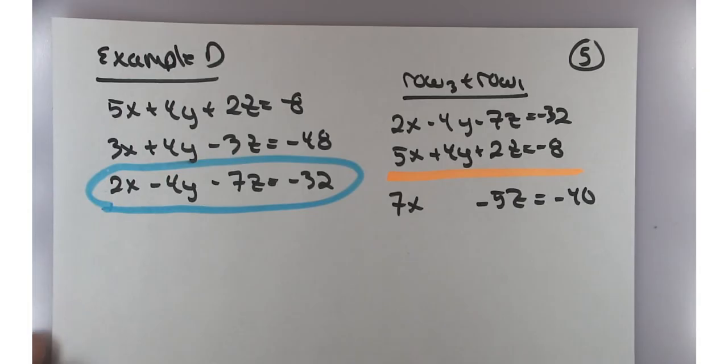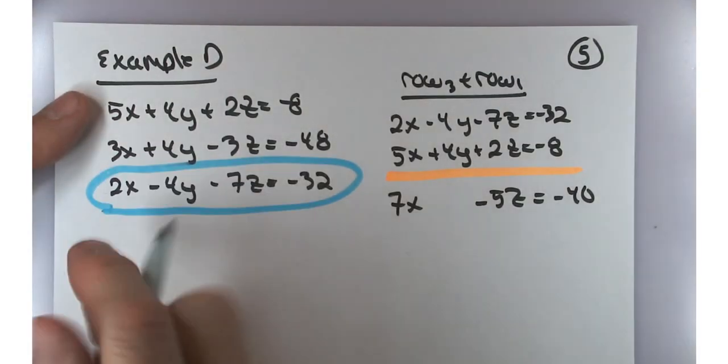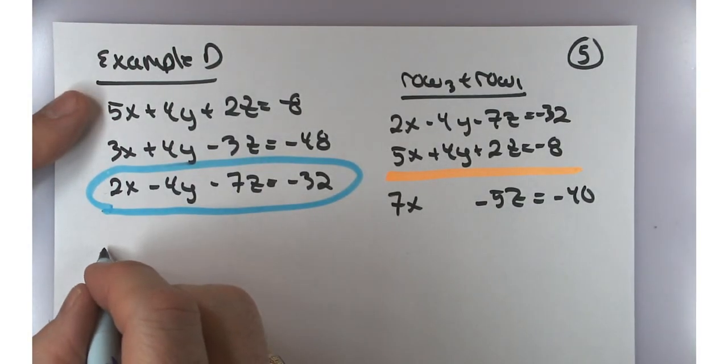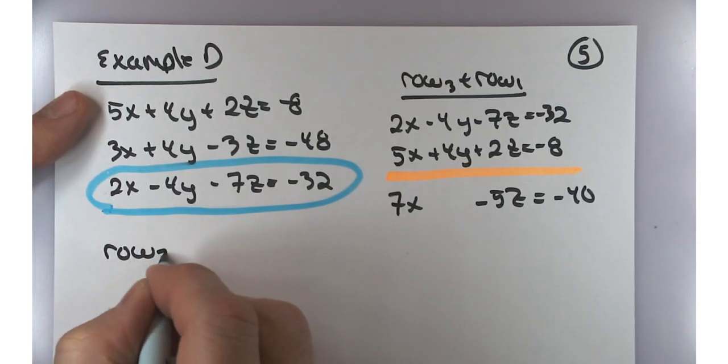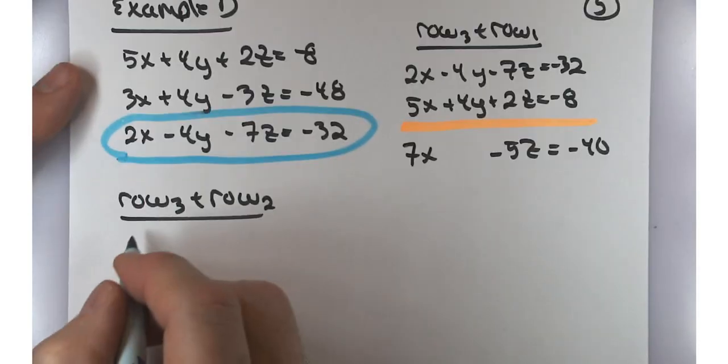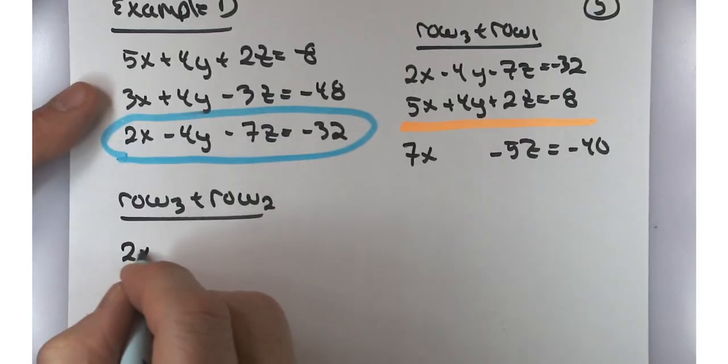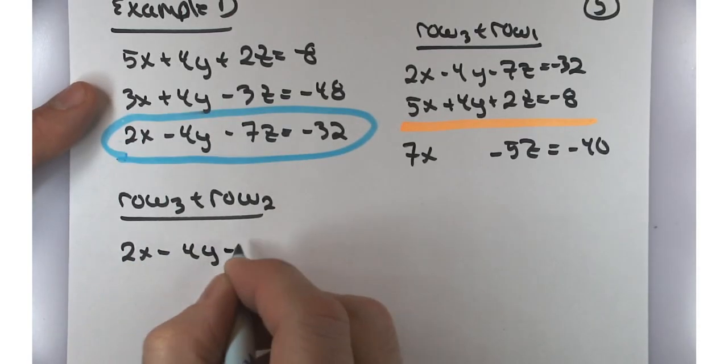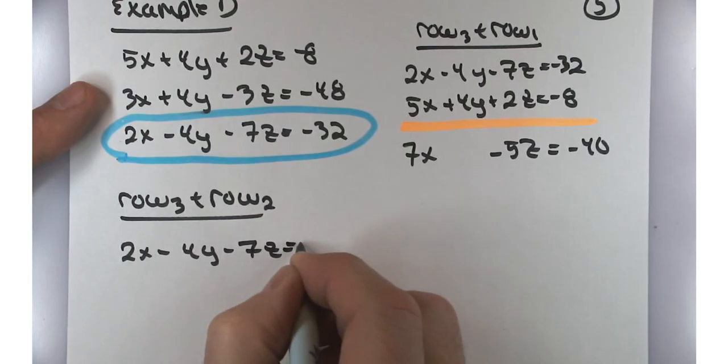We've got to do the same thing to the second equation. We're going to get row 3 added to row 2. So 2x minus 4y minus 7z equals negative 32 again.